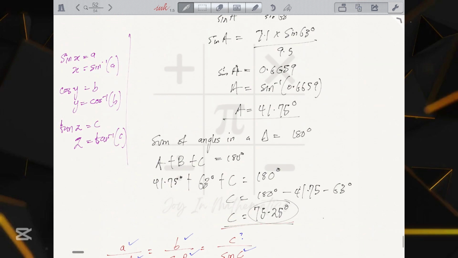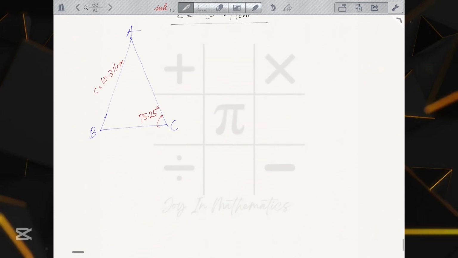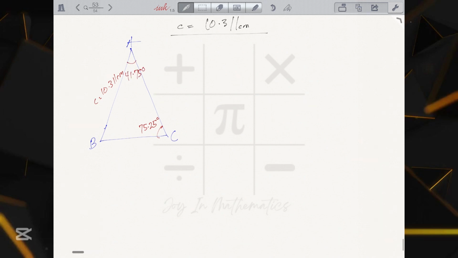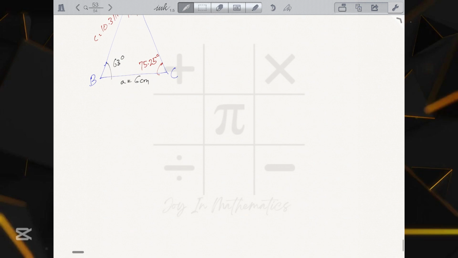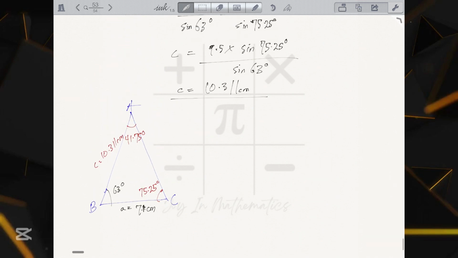Similarly, angle A is 41.75 degrees, and the rest were given in the question. Angle B is 63 degrees, length A is 7.1 centimeters, and length B is 9.5 centimeters. So yes, we have been able to solve this correctly.